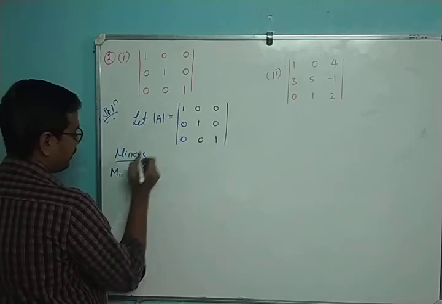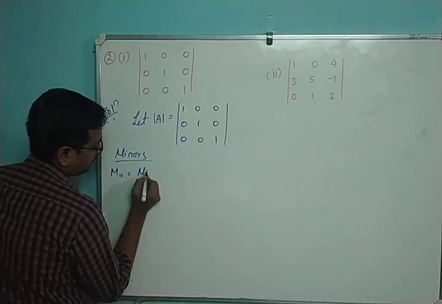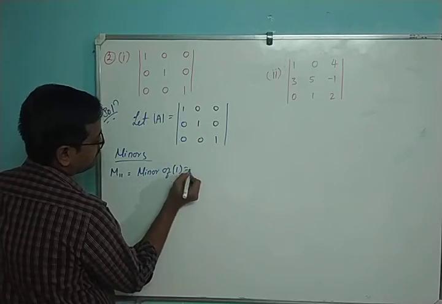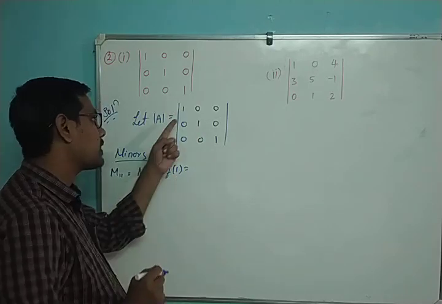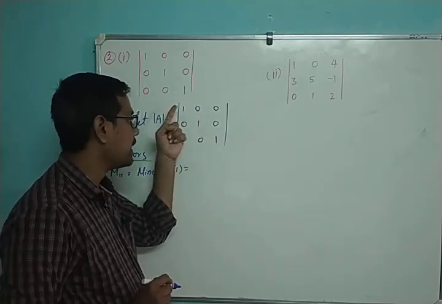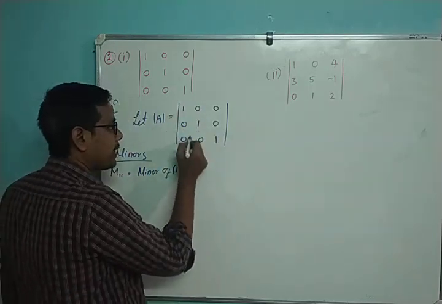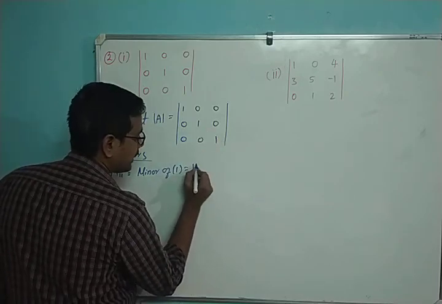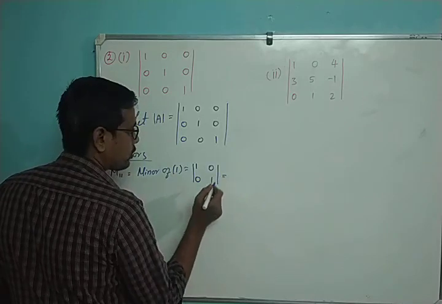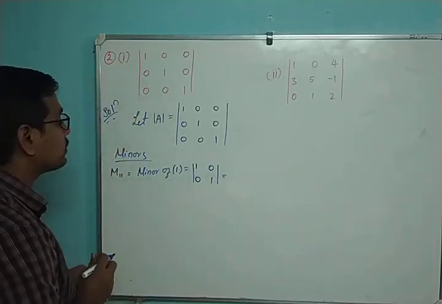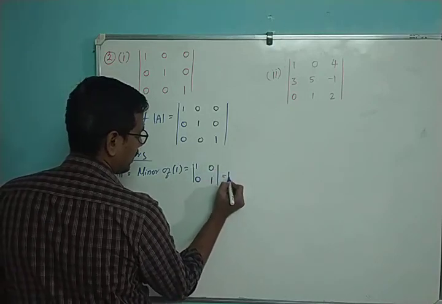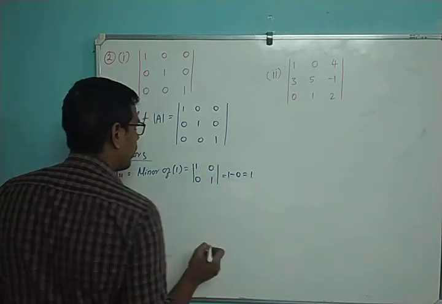M11 is minor of A11, that is 1. So minor of this 1, leave the row and column containing 1, that is first row and first column. Whatever remains, you should put it in determinant. 1 0 0 1. So what you will get here? 1 into 1 is 1 minus 0, that is 1.